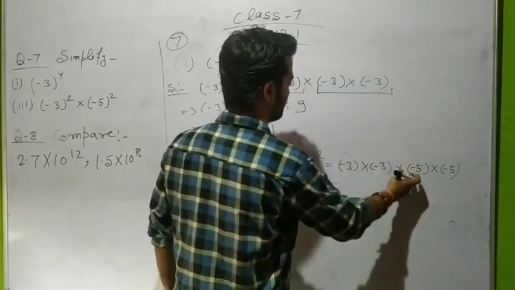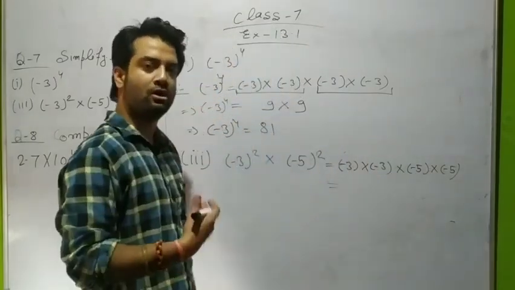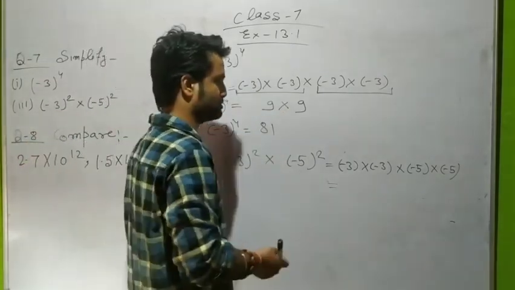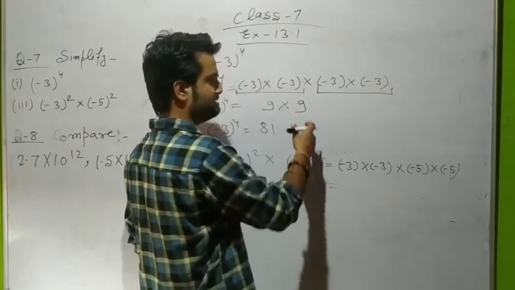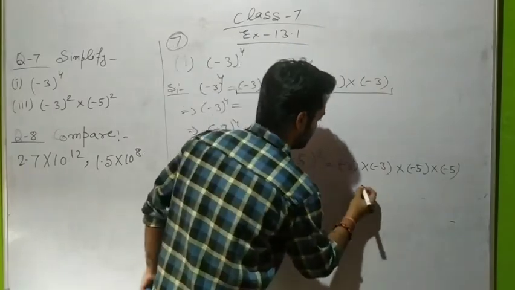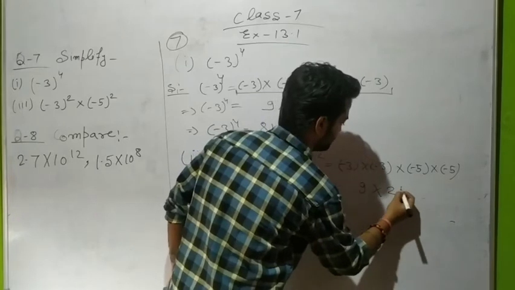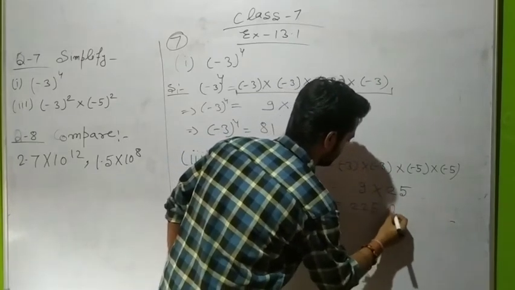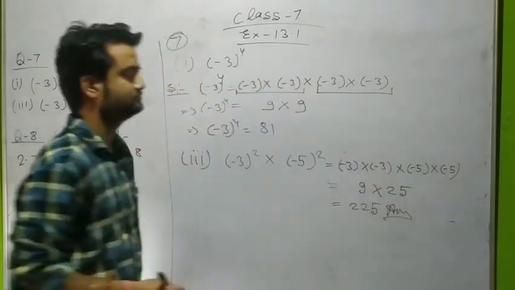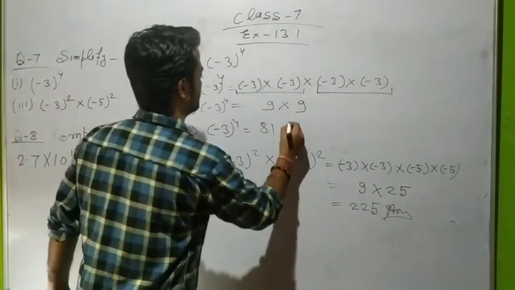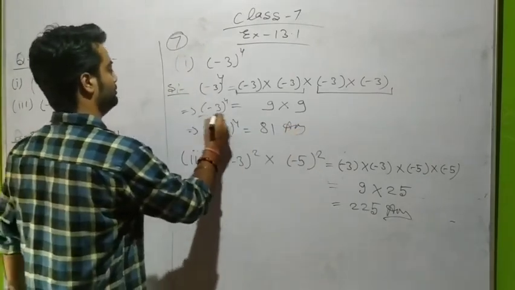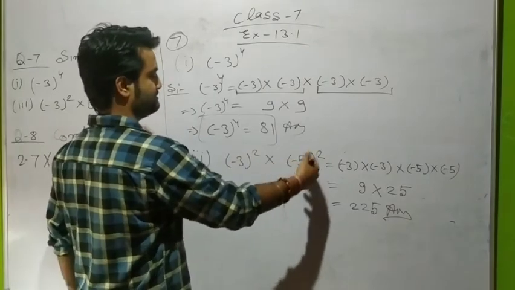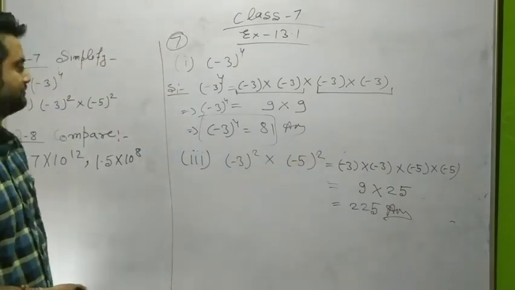So negative here is 4 times. You can do it directly also, or if you want you can do it like this also. It entirely depends on your choice. Now it will make 9 into 25. What will be the answer? 225. Easy. So minus 3 raised to the power 4 is 81, and minus 3 square into minus 5 square is 225.